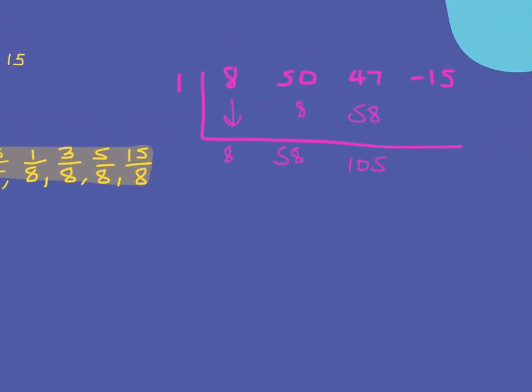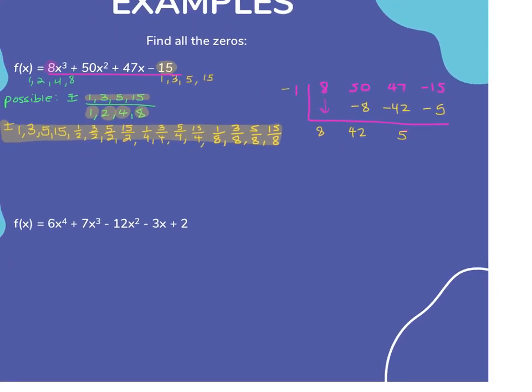So now I'm going to try negative 1. 8, negative 1, 42, negative 42, positive 5, negative 5. Positive 1 doesn't work. So if I'm listing out my possible bank, I can already cross through the ones.